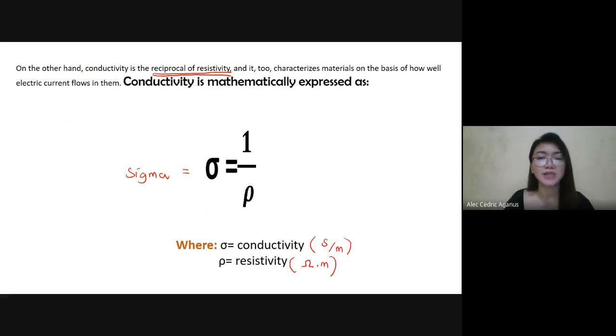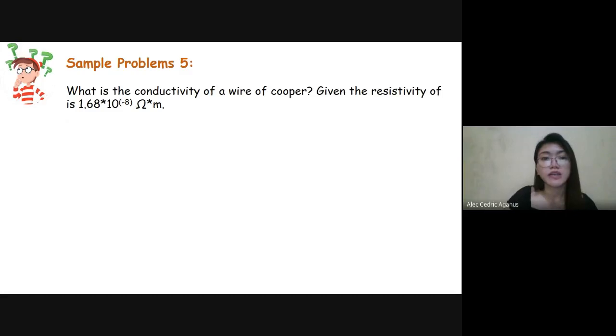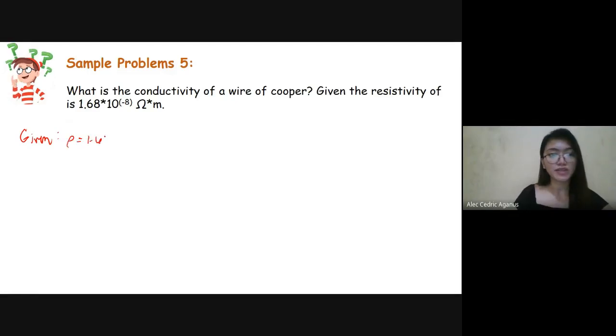In order for us to understand, let us apply this equation to a given problem. What is the conductivity of a copper wire given the resistivity of 1.68 times 10 raised to negative 8 ohm meter? First, of course, the given: resistivity is equal to 1.68 times 10 raised to negative 8 ohm meter.